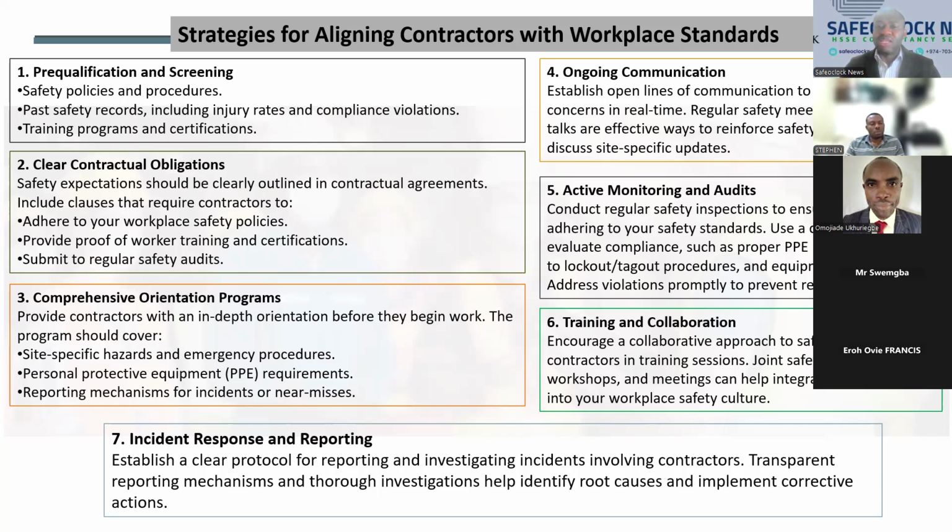You should have listed what you require from that contractor, and they should be properly screened, not just taking a contractor from the roadside without doing proper screening. And in that screening, we should be looking at their health and safety policies and procedures, their past safety records, just like Mr. Stephen explained, their injury rate and all that.